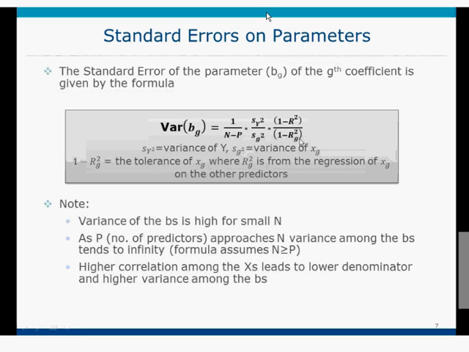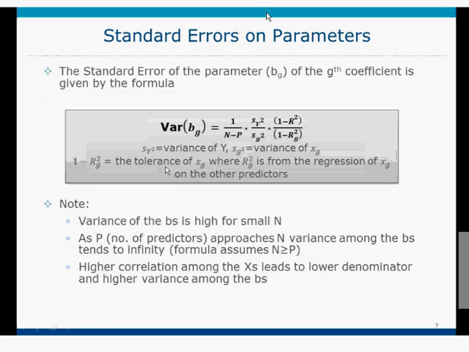It's computed by regressing that predictor as the dependent variable on all the other predictors, computing the r squared, and then taking 1 minus that. That's the tolerance. So if r squared sub g is equal to 1, that means that predictor can be perfectly predicted from the other predictors. You have perfect collinearity. The closer this is to 1, the lower the tolerance is going to be.